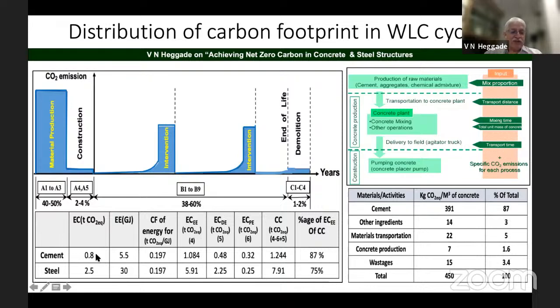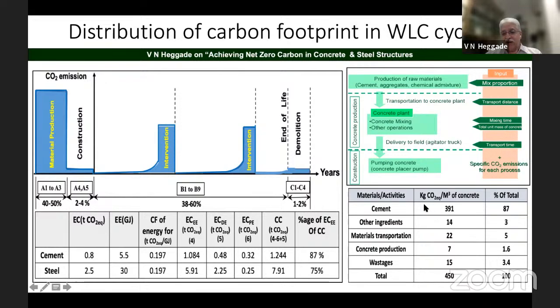Cement emits around 0.8 ton of carbon dioxide, and steel emits around 2.5 on an average, whether it's reinforcement steel, pre-stressing steel, or structural steel. Cement has an embodied energy of around 5.5 gigajoule, whereas steel, with the current state of technology, is said to have 20 to 30. I have taken around 30.